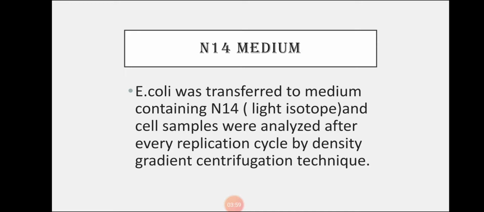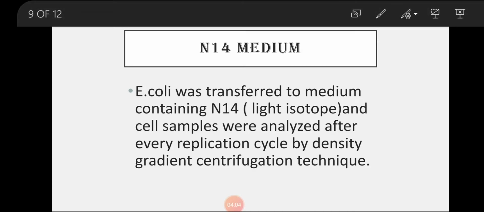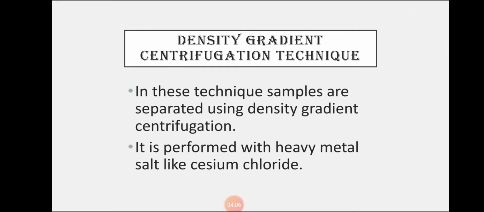Now we will discuss the technique, that is, density gradient centrifugation. In this technique, samples are separated using density gradient centrifugation. Density means weight, gradient means difference, and centrifugation is a process in which samples are rotated at a very high speed.